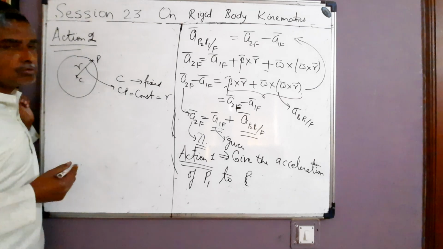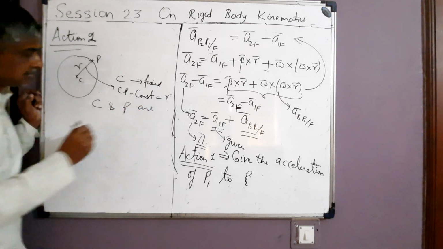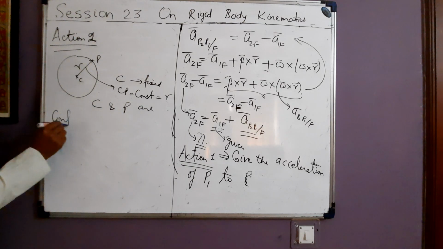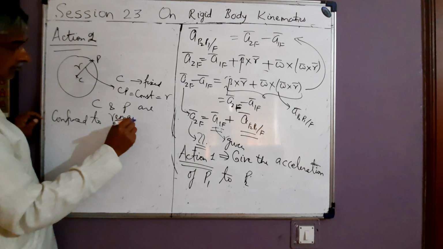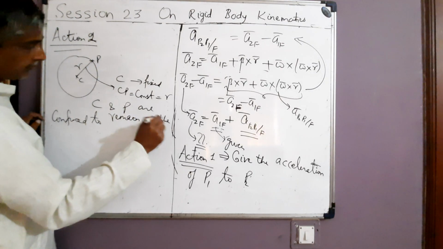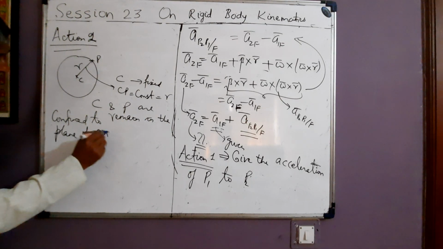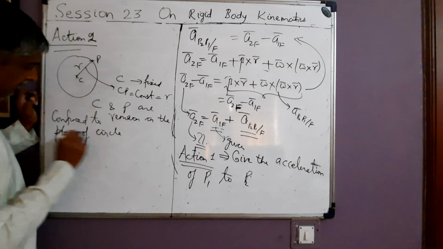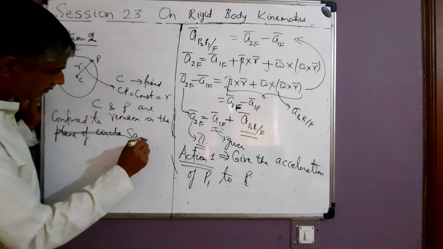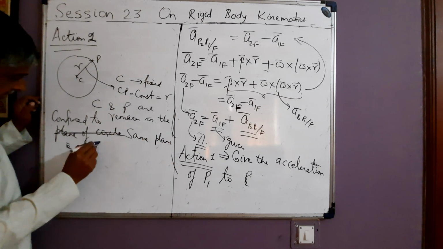P and C are confined to remain in the plane of the circle.